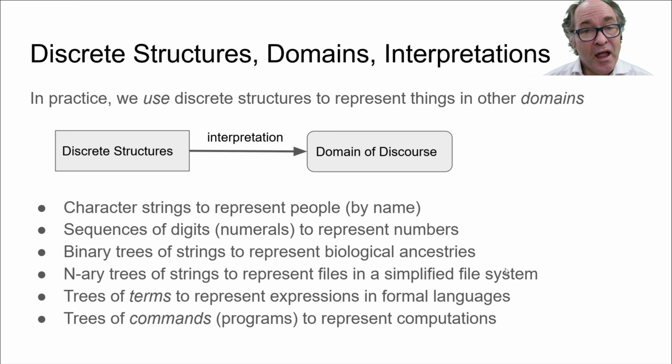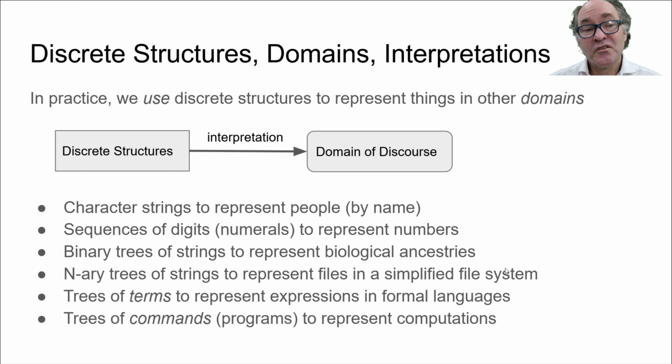A string is either empty or it's a character followed by a smaller string. But we can now use strings to represent people in the real world, by name, right? And so we see here this fundamental concept of using symbols on one hand to represent things in the real world on the other hand.